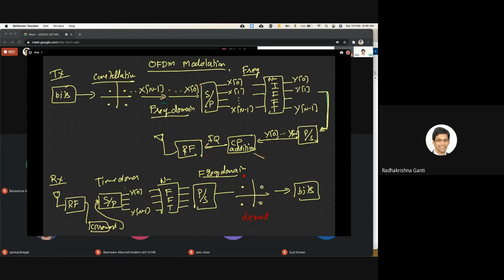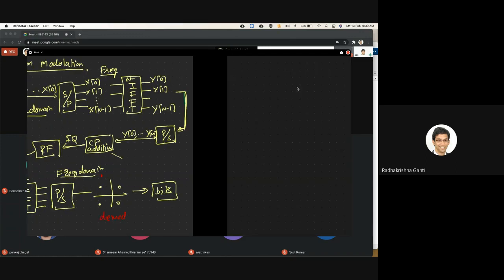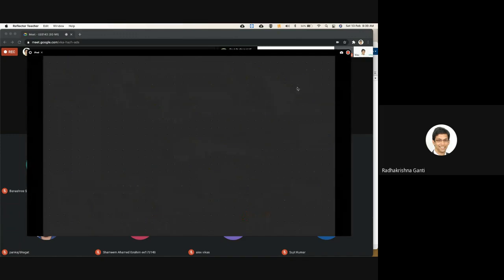So now let us get into the depth of this and try to understand a few things. The first question that we'll answer: we'll forget about cyclic prefix for now, for just another half an hour, and then come back to it. Let's just look at the IFFT itself.